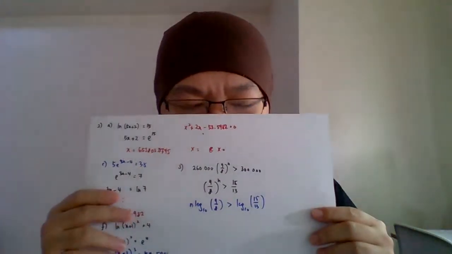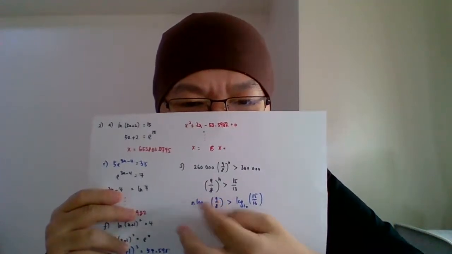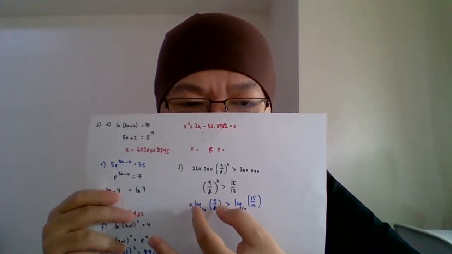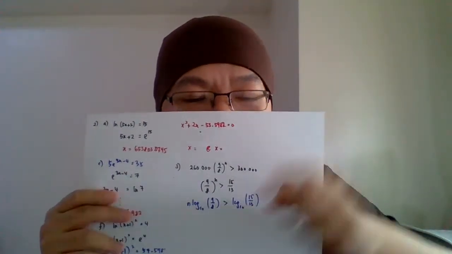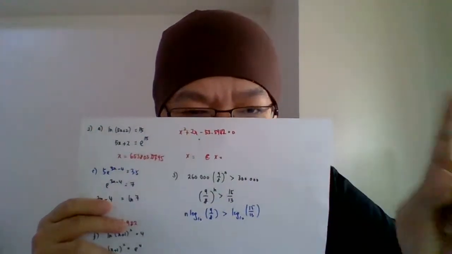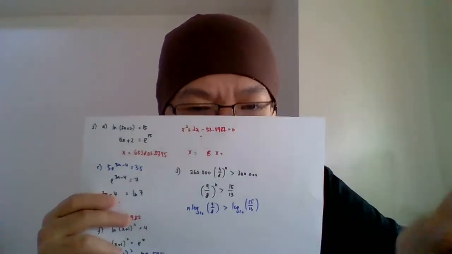I want to find n. N times log 10 9/8, this is multiplication, right? So I can bring this log 10 9/8 to this side so that it becomes divide. Not minus, it becomes over. So n is more than log 10 15/13 divided by log 10 9/8.